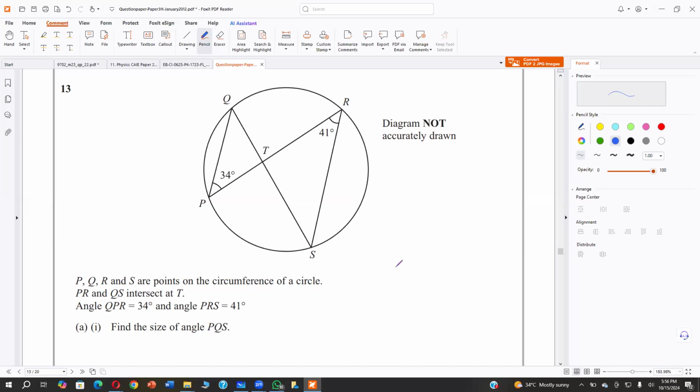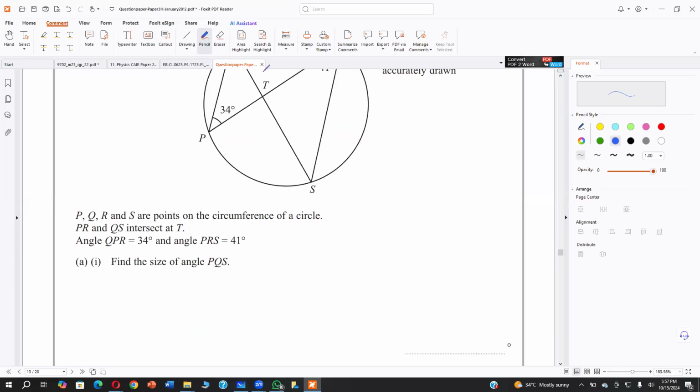Find the size of angle PQS. This one. Are they equal? The two both are 41. Yeah, I think so. Okay. So you will tell the examiner that look, PQS is also equal to 41.